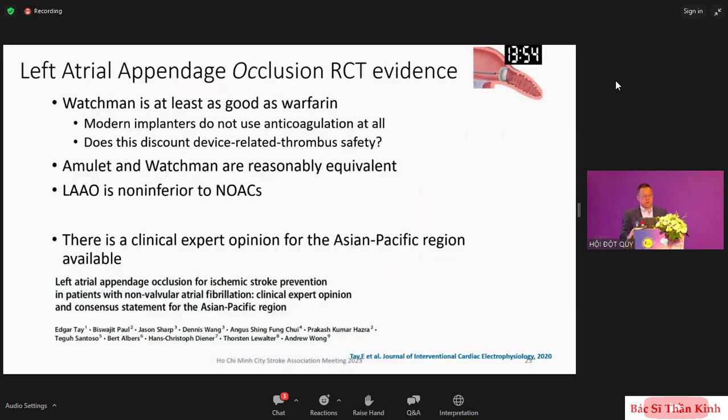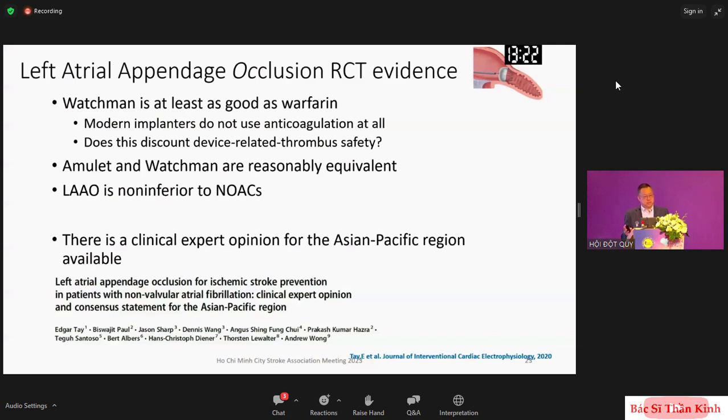And so we had some data which showed us that left atrial appendage occlusion was at least as good as warfarin. We still don't know whether the use of antiplatelets instead of anticoagulation after implantation affects the risk of device-related thrombus. We think that Amulet and Watchman devices are reasonably equivalent, and in the Prague 17 study, left atrial appendage occlusion was non-inferior to NOACs.